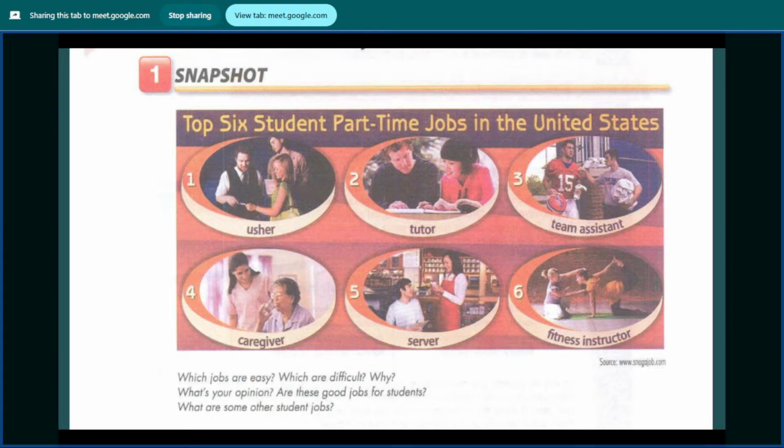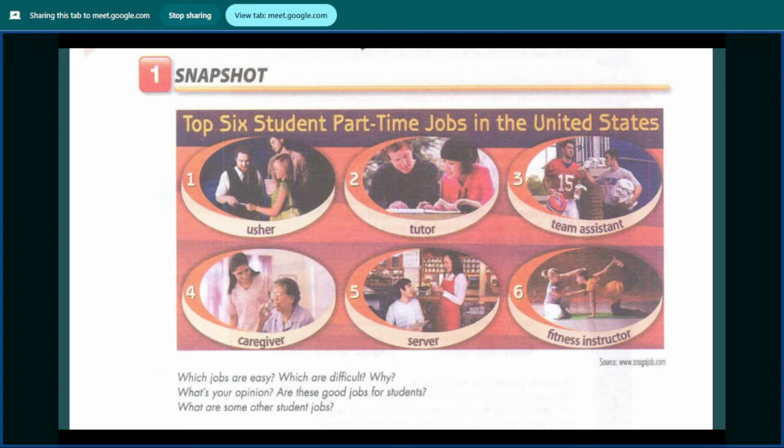Then next, tutor we already know. They help other students according to their expertise in the subjects. Team assistant, these people usually help the sports team, the coach and the sports team. Then caregiver is a person who takes care of senior citizens. नैनी नहीं, हमारे यहाँ पर नर्स होती है इंडिया में. नर्स अलग होते हैं, they are qualified.